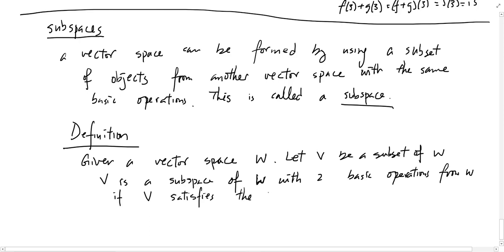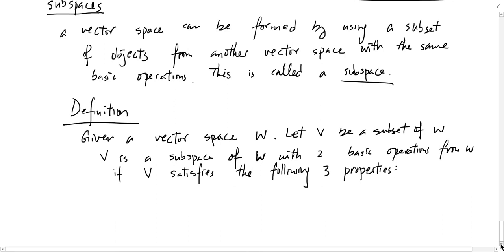So not 10, because 7 of the properties are already inherent from the fact that we are working from a larger vector space to begin with. What are these 3 properties? The first is the closure property.